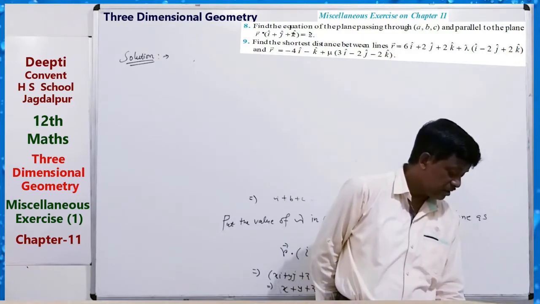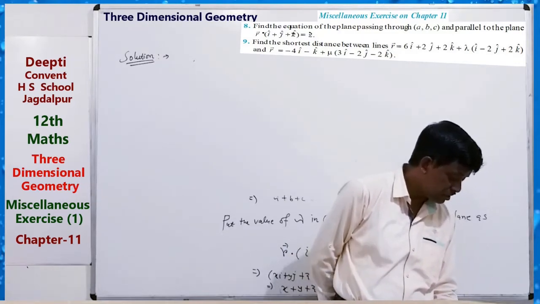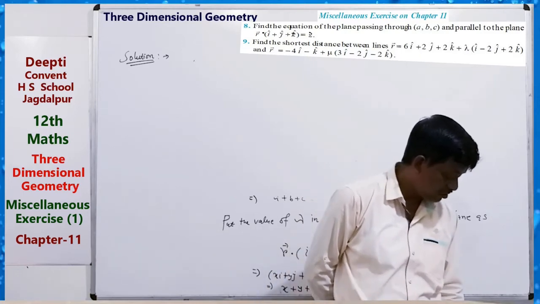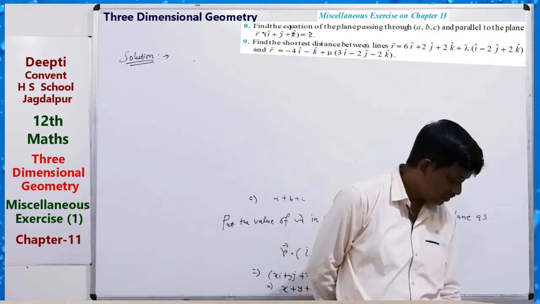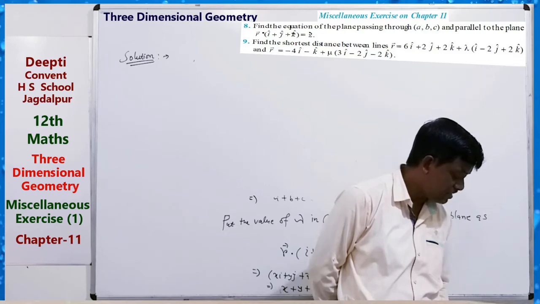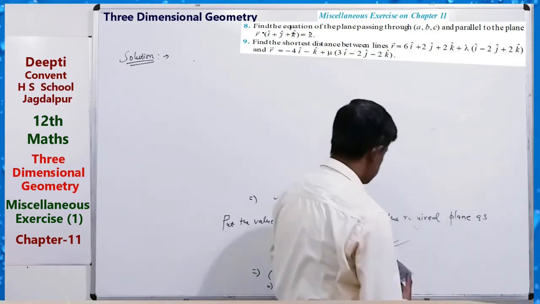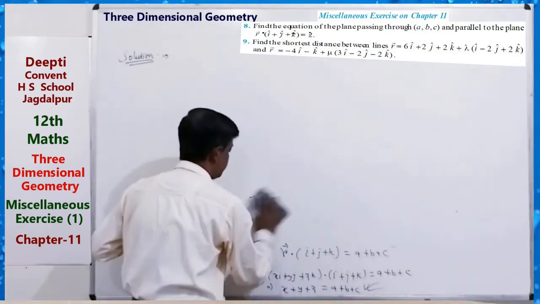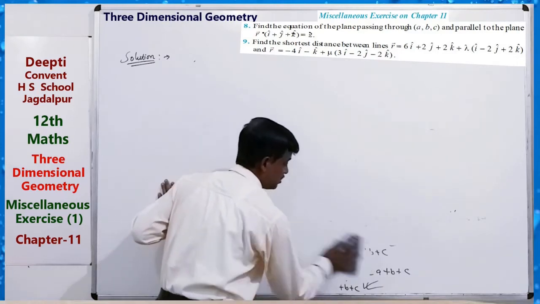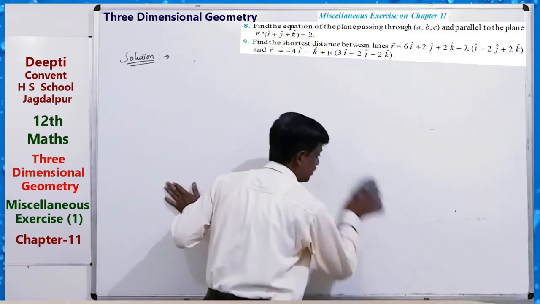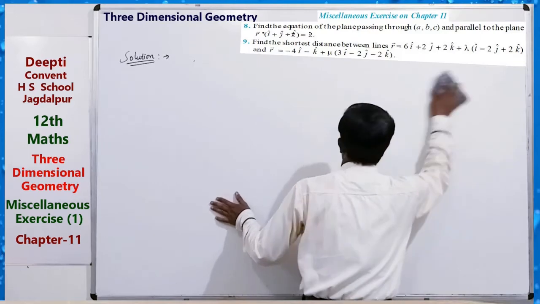There are two lines given. In question 10, find the coordinates of the point where the line through these two points crosses the YZ plane. So these are simple, only formula based questions.